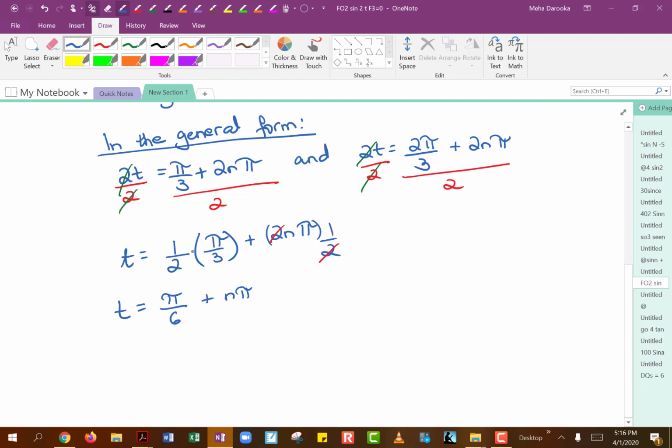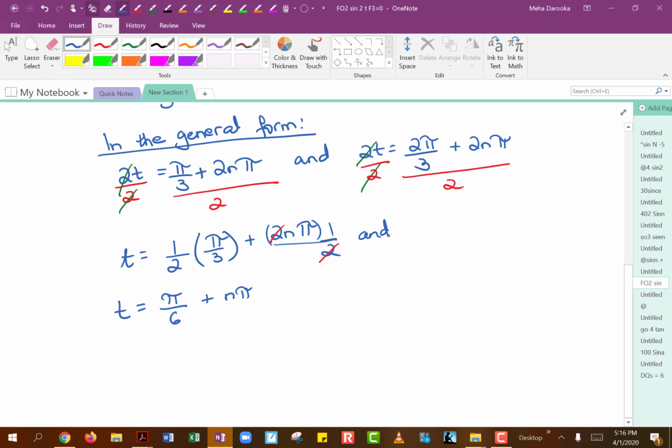So that's 1/2 times pi over 3, which will end up becoming pi over 6, because 1 times pi is pi, 2 times 3 is 6, which gives us that new denominator. And then when you multiply 2 and pi with 1/2, the 2 and the 2 cancel out, because you're still dividing by 2, leaving you behind with n pi.